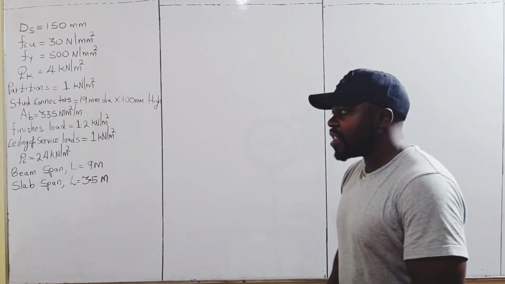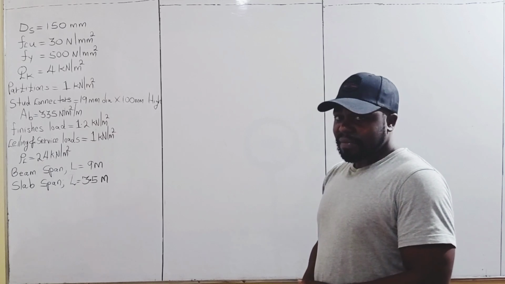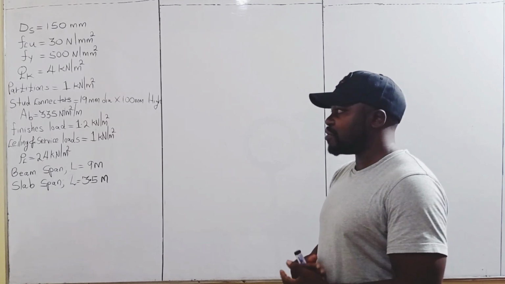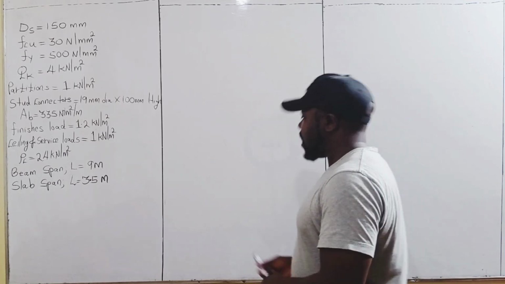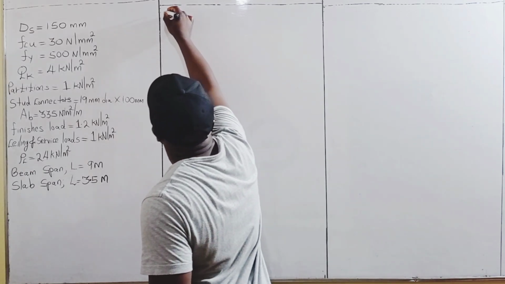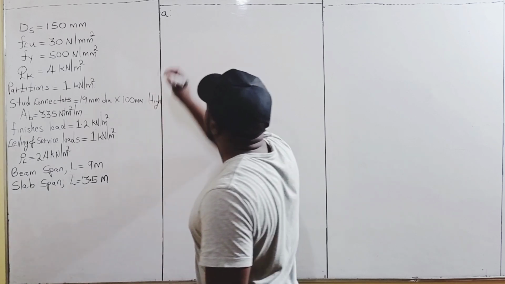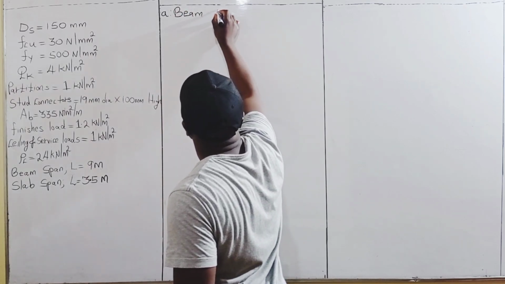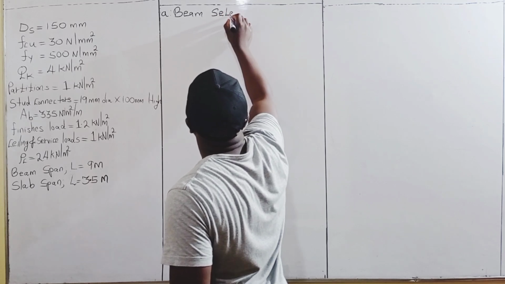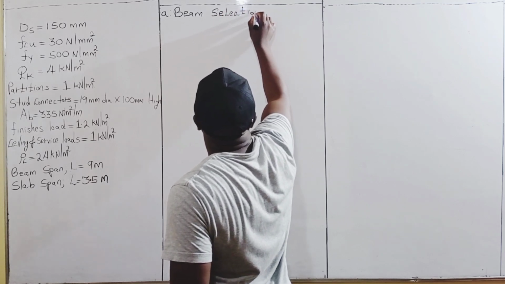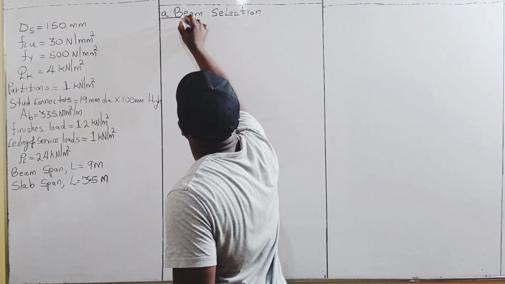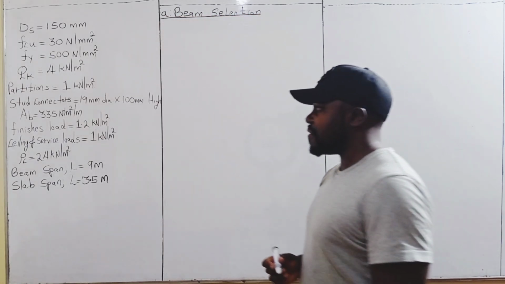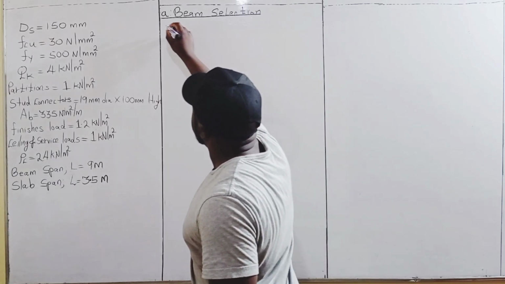We are going to begin with calculation of design moment, which will guide us in selecting a suitable beam section. Therefore, starting with part A of this question, that is beam selection.